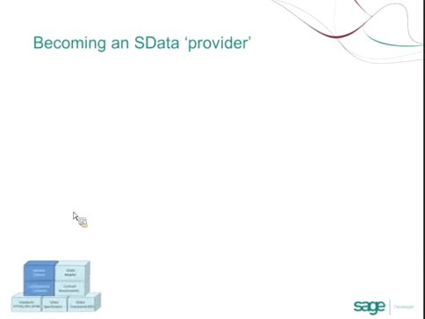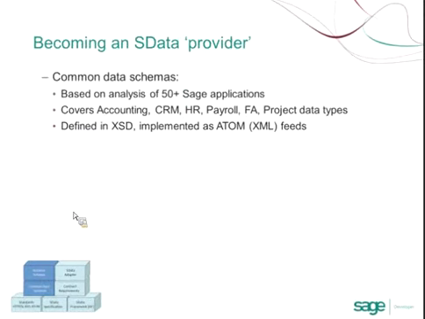Okay. Looking at it from a data point of view, we have these common data schemas, which are based on analysis of a large number of Sage applications, and they cover a number of functional domains, such as accounting, CRM, human resource, payroll, fixed assets, and project management.